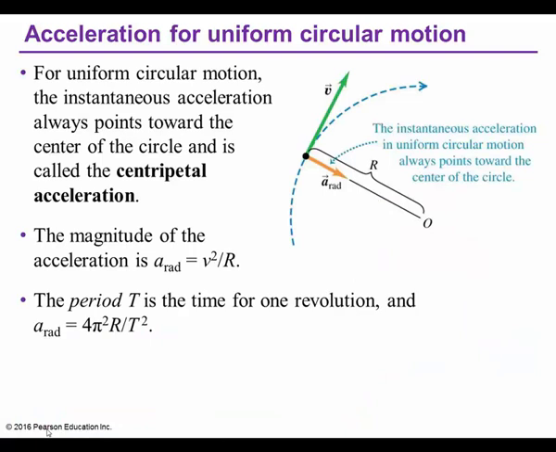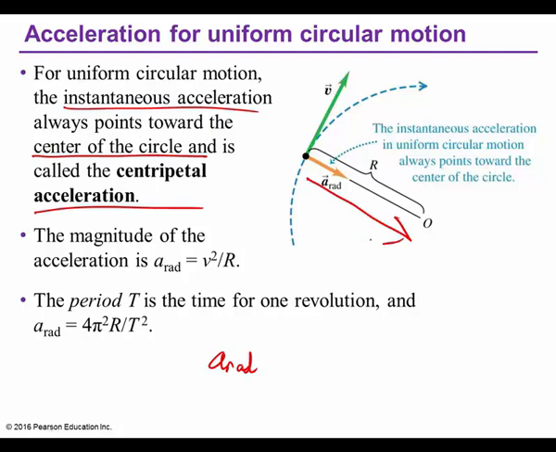All right. Now, what does this lead into? It leads into centripetal acceleration. Why? Because when you look at radial acceleration, you have what is called a center-seeking acceleration. In other words, the acceleration is towards the center.